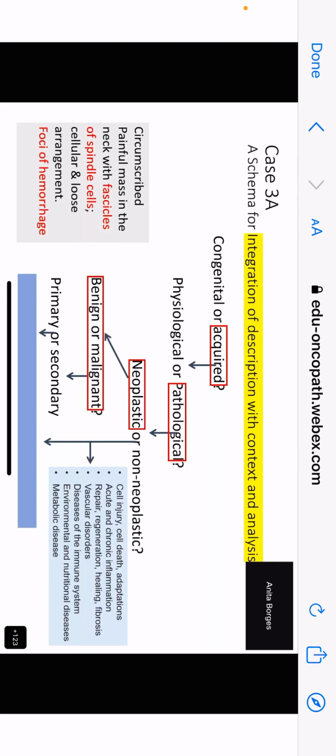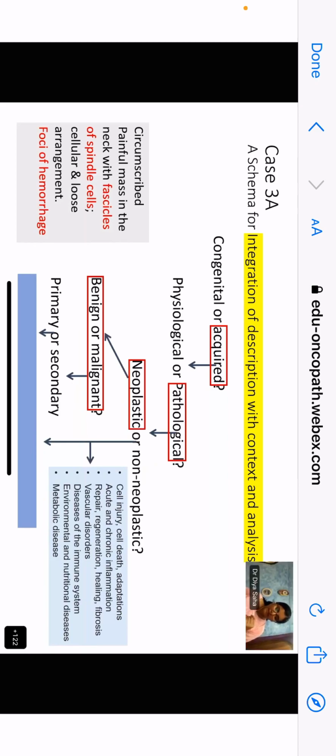Also, what has not been written over here, there are distinct blood vessels which have a hyalinized column. So, now tell me what we are describing. We are describing a schwannoma, a benign tumor.